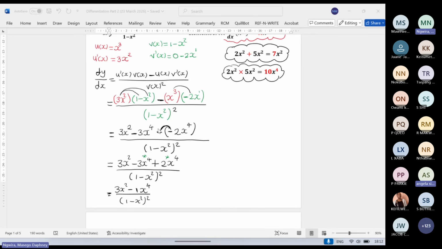You mean here? No. Here, you see the second step after you put the dy over dx? Yes, this one? Yes, after the minus. I thought maybe there's going to be a bracket.